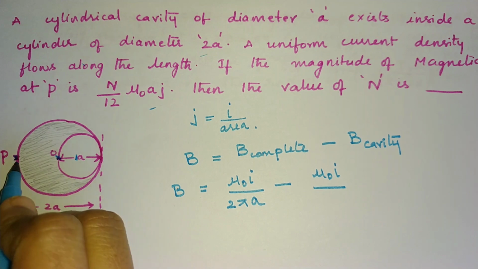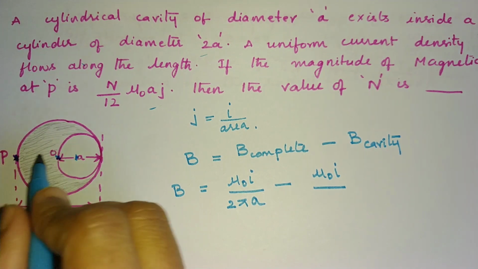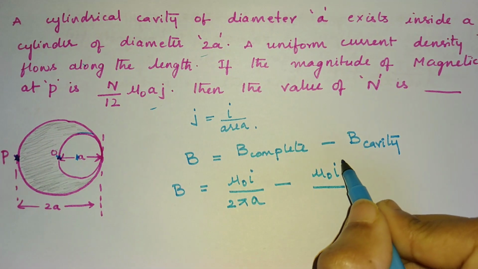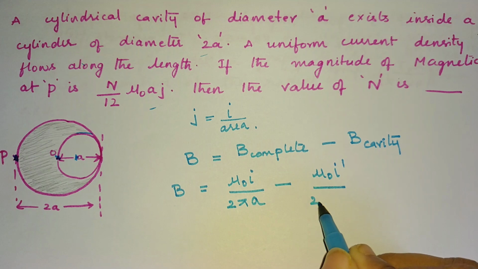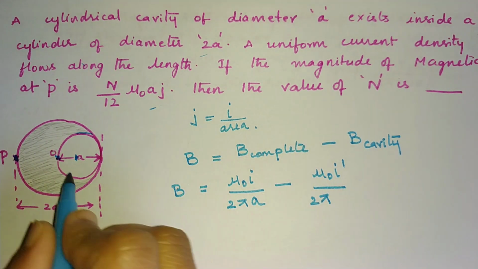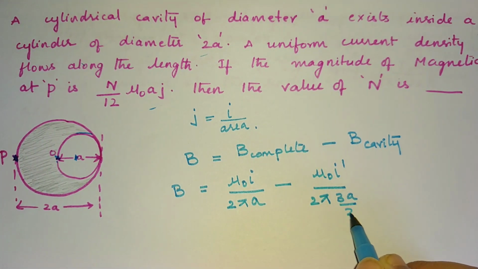What is the distance from center to this point? A by 2 plus A, that is 3A by 2. The current through this small cavity, I'll take it as I dash, by 2 pi into the distance from center to the point, A by 2 plus A, which is 3A by 2.